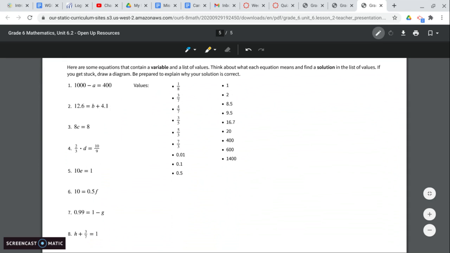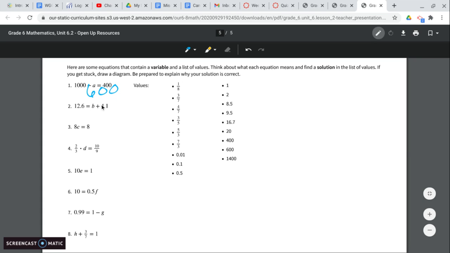All right, so for number 1, we have 1,000 minus A equals 400. So what would we have to take away from 1,000 to get to 400? We would have to subtract 600. All right, for number 2, we have 12.6 equals B plus 4.1.